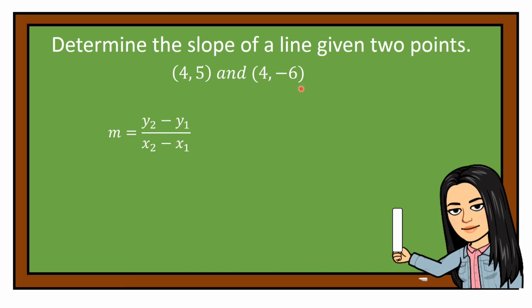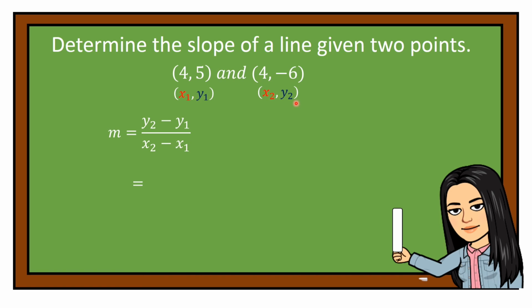So, our formula is m equals y sub 2 minus y sub 1 over x sub 2 minus x sub 1. So, label the ordered pairs. So, our first ordered pair will be our x sub 1, y sub 1. At ang ikalawang ordered pair naman will be x sub 2, y sub 2.